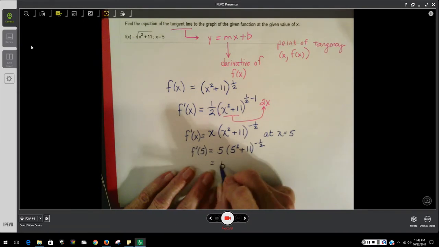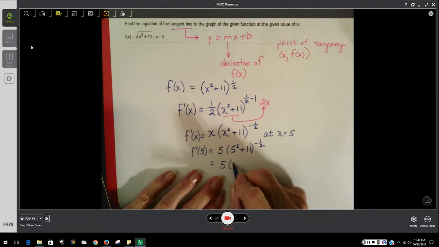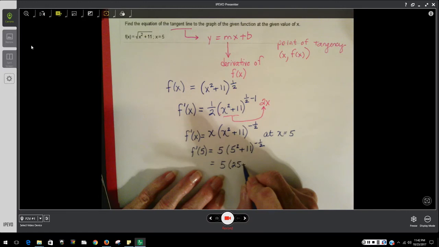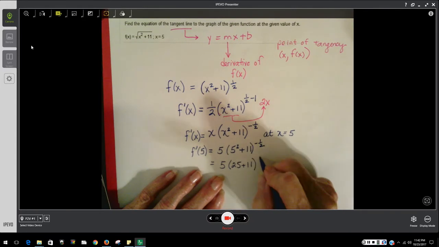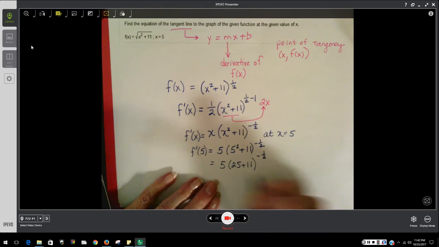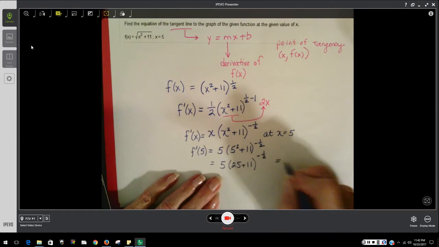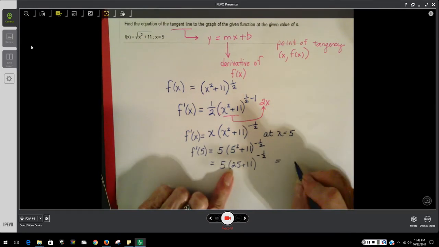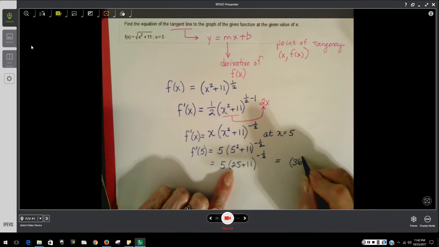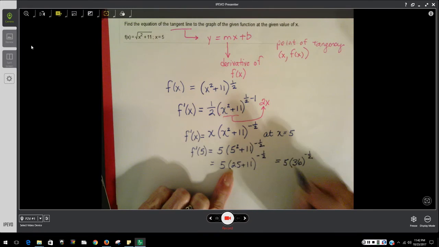And that means we have 5 times 5 squared is 25 plus 11 to the negative 1/2 power. And 25 plus 11 would be 36. And the 5 still in front.